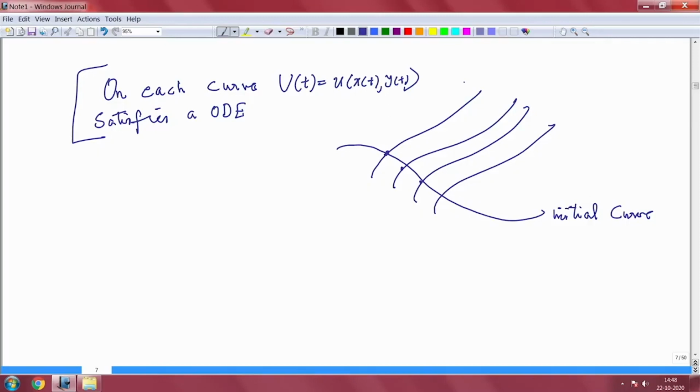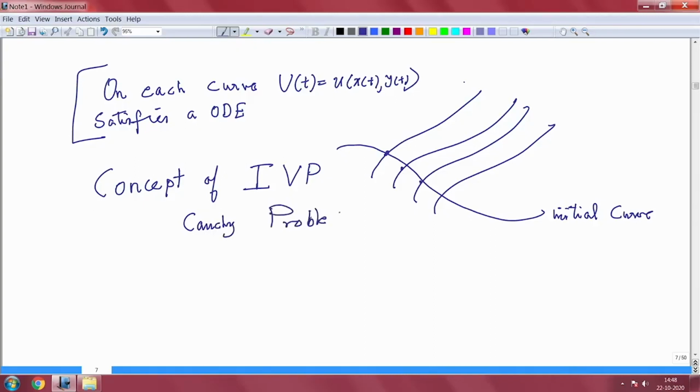So, that leads to the concept of an initial value problem, also called the Cauchy problem. Okay. Let me describe the Cauchy problem, and then after that I will stop this lecture and we will continue in the next lecture.